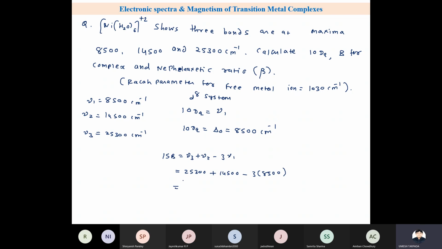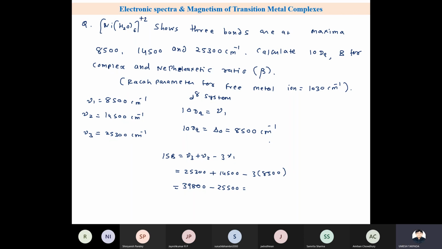In this way, you can calculate the B value. 25300 plus 14500 becomes 39,800 minus 3 into 8500, that is 25,500.